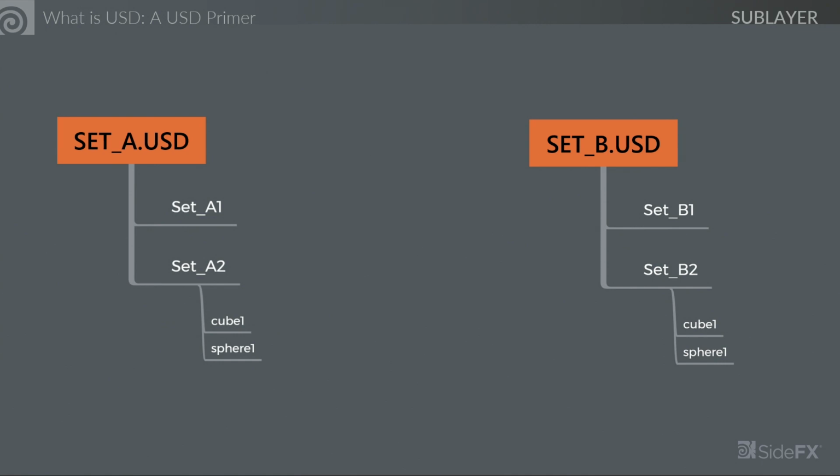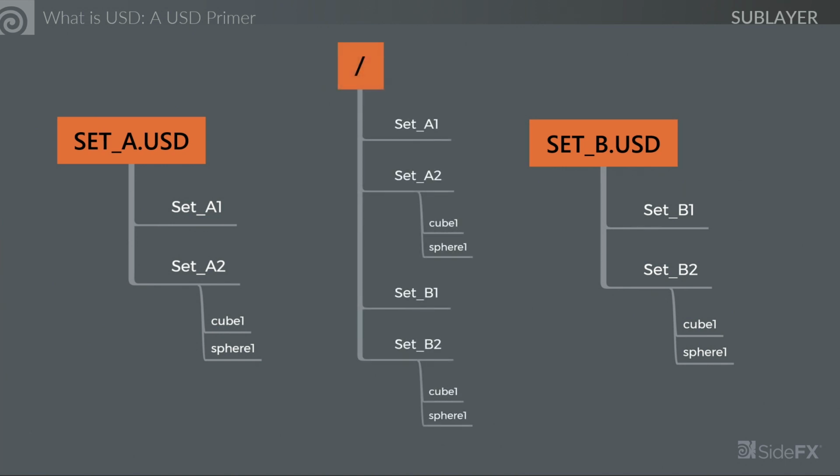We are going to sublayer set_B over set A. If the scene graph hierarchies of these two scene graphs don't overlap, then the result of sublayering the two files together is a simple union of the two scene graphs.